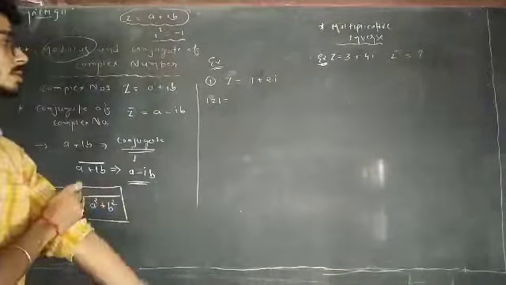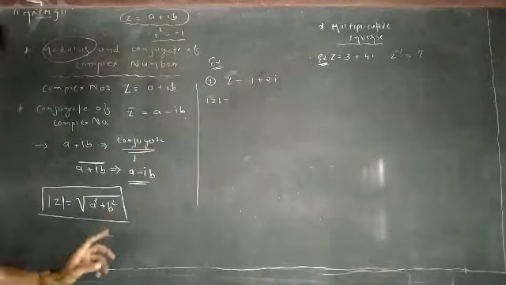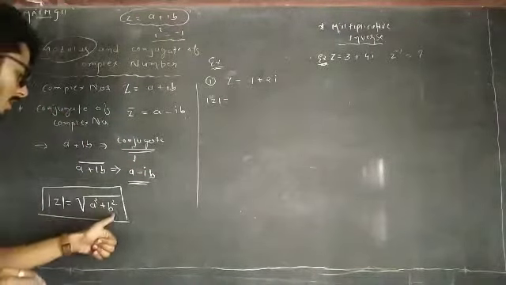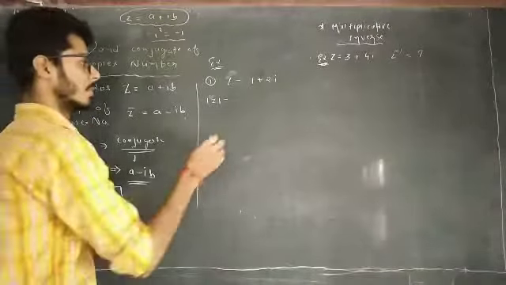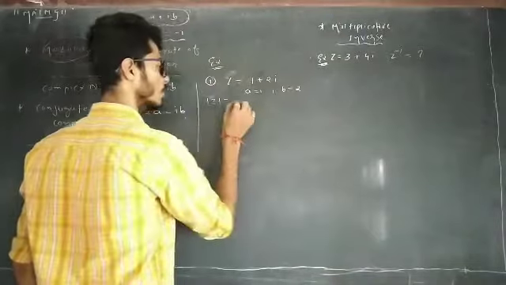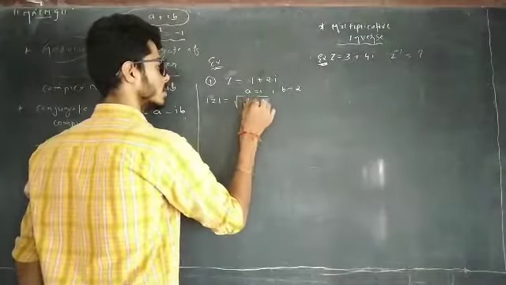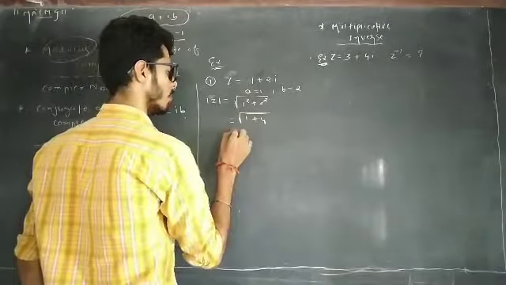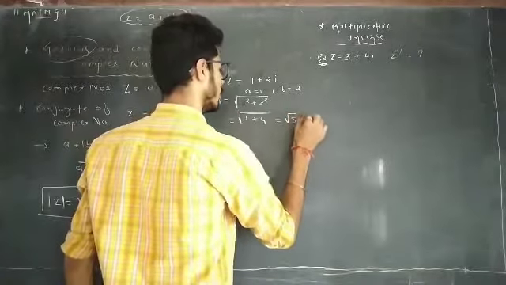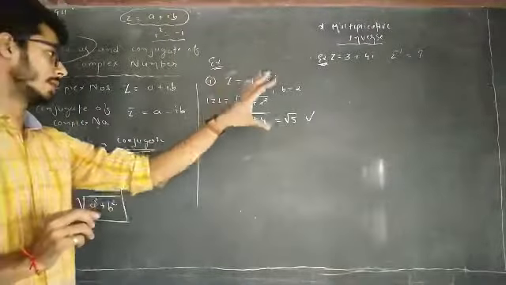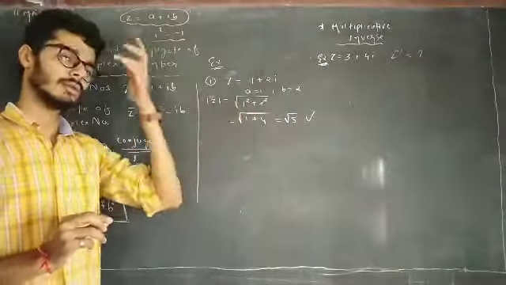Modulus of z is equal to under root a square plus b square, where a is the real part of z and b is the imaginary part of z. Over here the value of a is 1 and the value of b is 2. So it gives us 1 square plus 2 square, so it is 1 plus 4, which is under root 5.